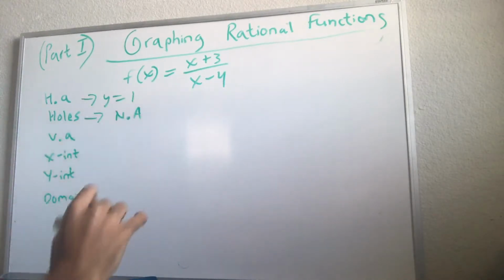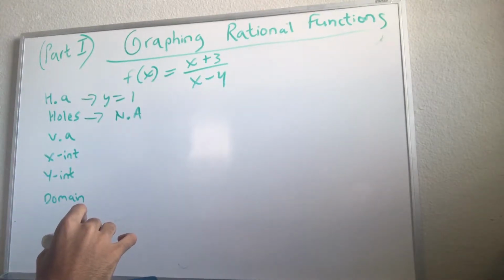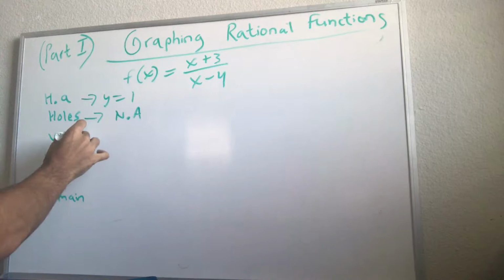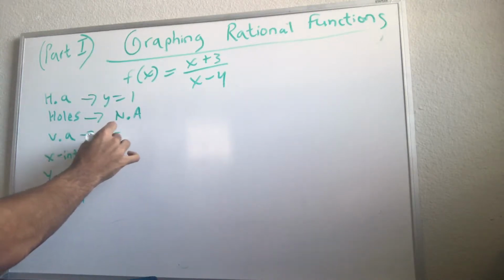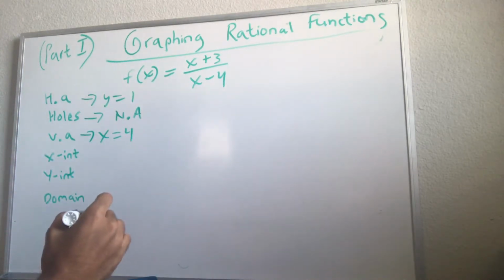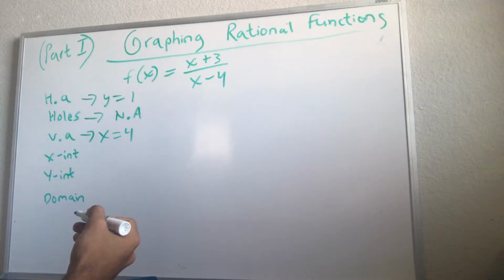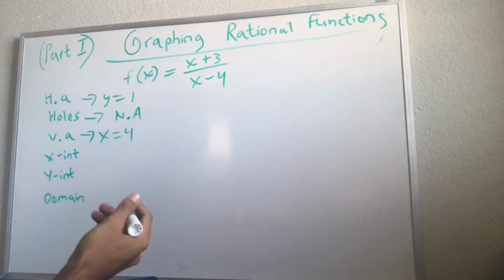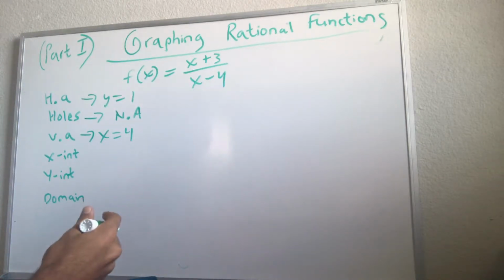Now for the vertical asymptote, it's about setting the denominator to 0. If we set x minus 4 to 0, we see that there's a vertical asymptote at x is equal to 4, and that makes sense, because an asymptote is where the function is undefined. No matter what happens, the function will never hit that.